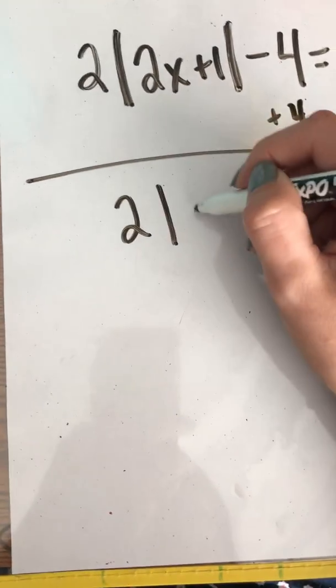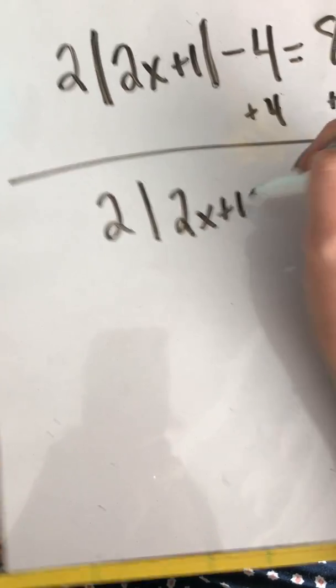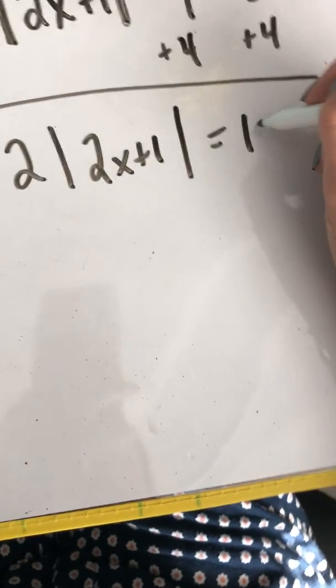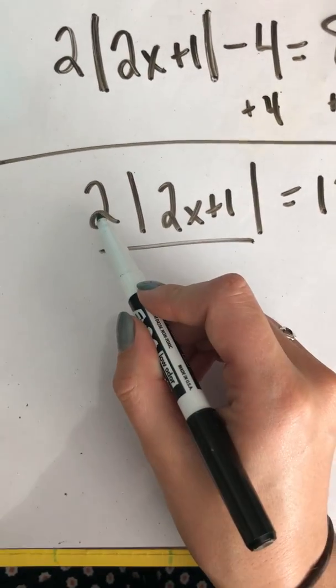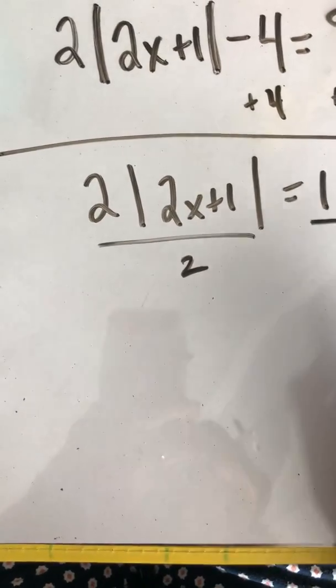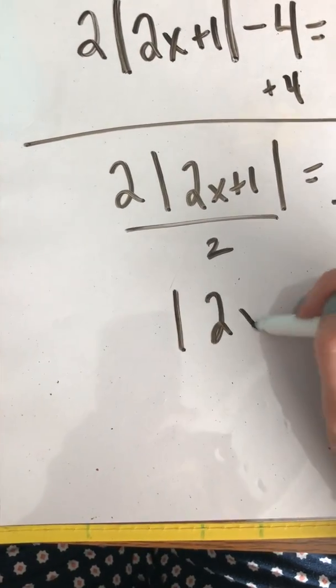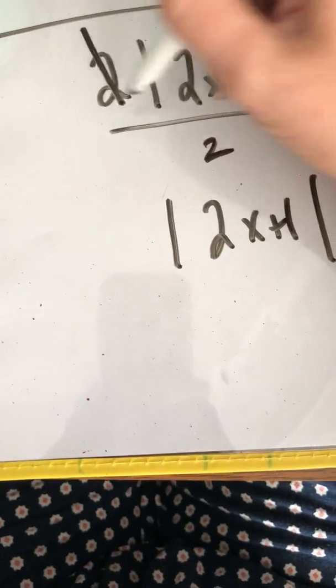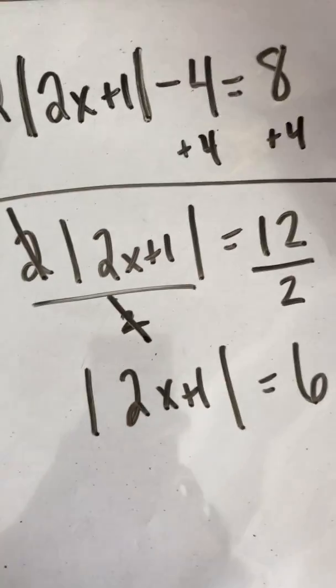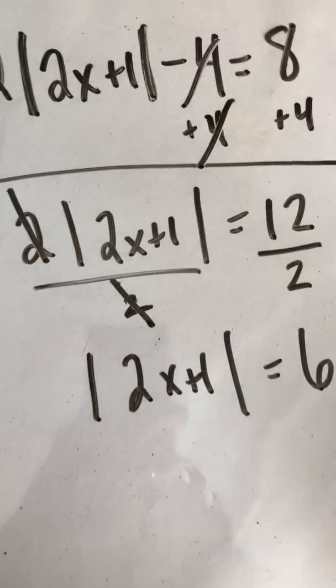So I get 2 times the absolute value of 2x plus 1 equals 12. Then I need to get rid of this 2, so I'm going to divide both sides by 2. So I get the absolute value of 2x plus 1 equals 6. Keep in mind these 2's canceled, and up here these 4's canceled.